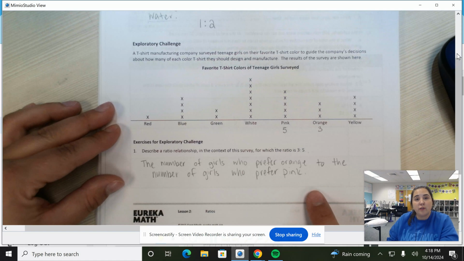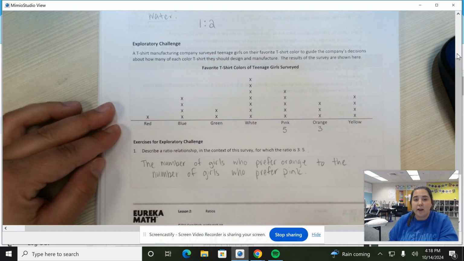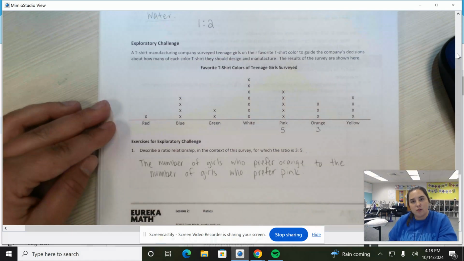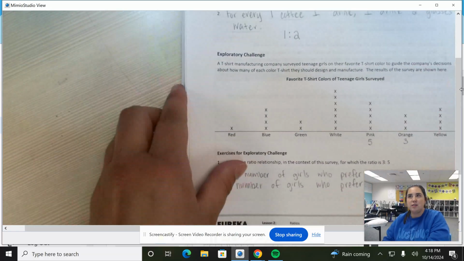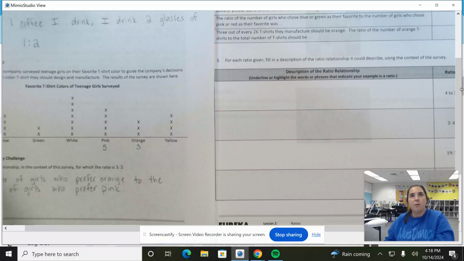That could be the ratio relationship that 3 to 5 is talking about. I could use that. Okay, I'm still going to need this graph, but I'm going to set it aside. Hopefully you can still kind of see it. I'm going to put it there.